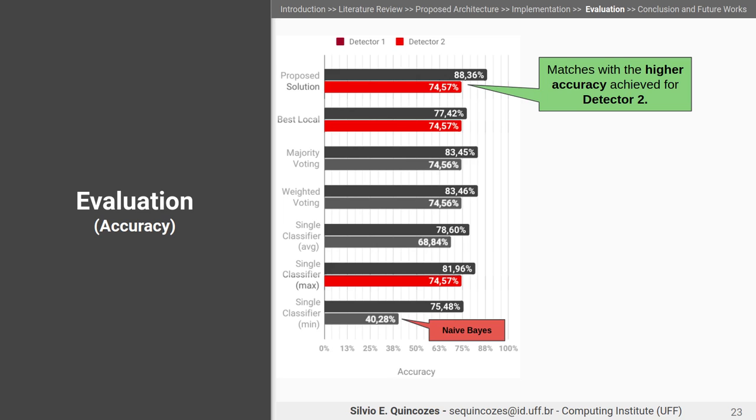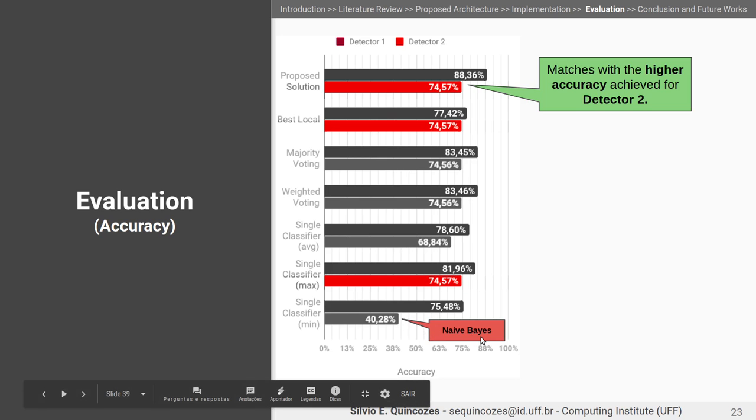We noticed that in this case, detector 2 presented fewer conflicts than detector 1. So in detector 1 we can solve more conflicts and improve the accuracy a lot. Note also that naive Bayes had the poorest accuracy.